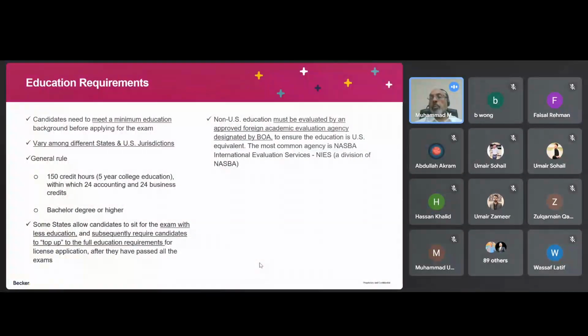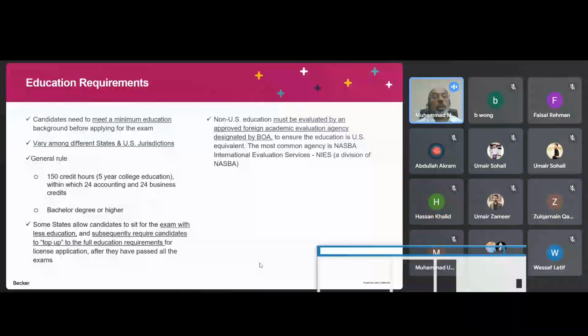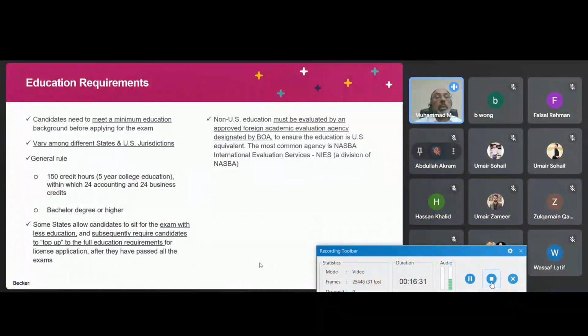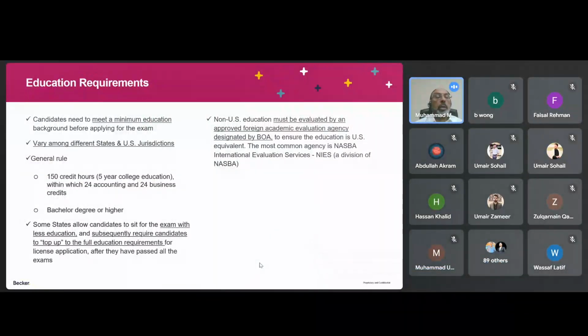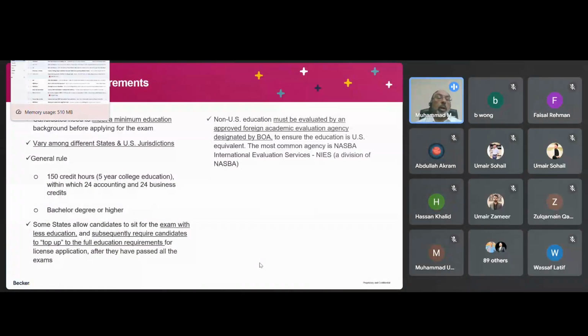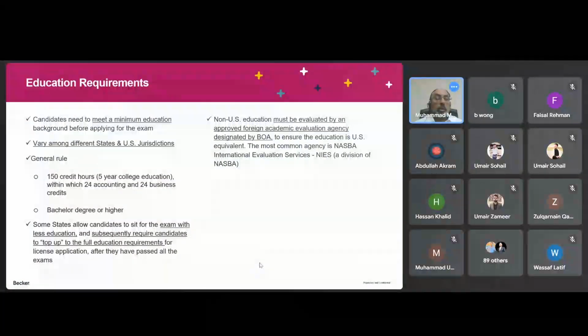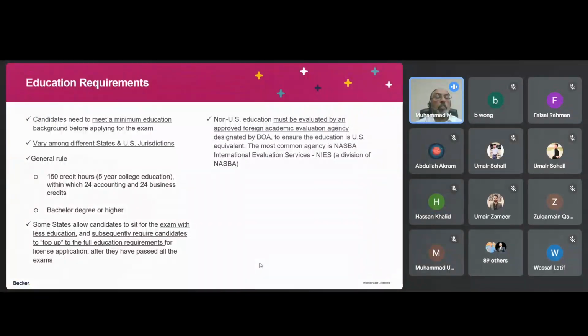In other words, it's a post graduation, because many countries have 4 year graduation, like Pakistan, and then the master is between 1.5 years to 2 years. In certain countries, the postgraduate is 1 year in duration. So they have to have a specific number of accounting credit hours and a specific number of business credit hours, normally 24 plus 24, but it also varies slightly from state to state.